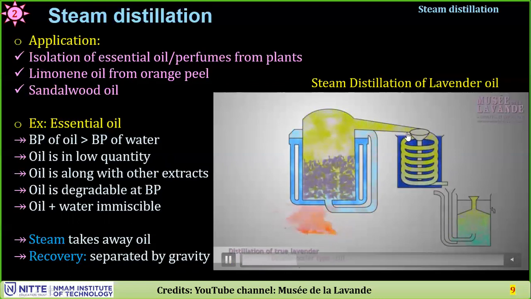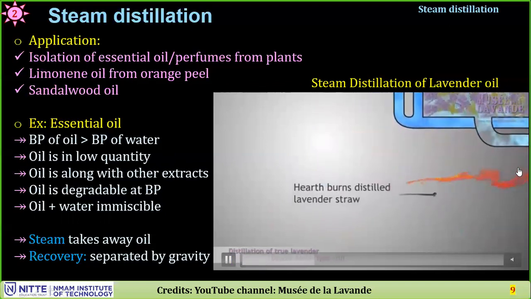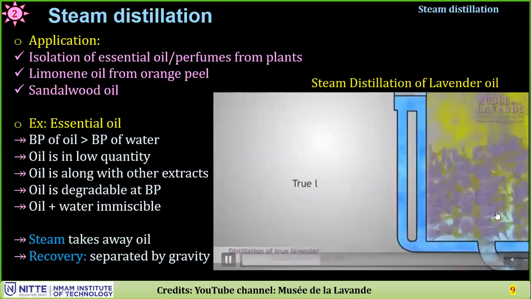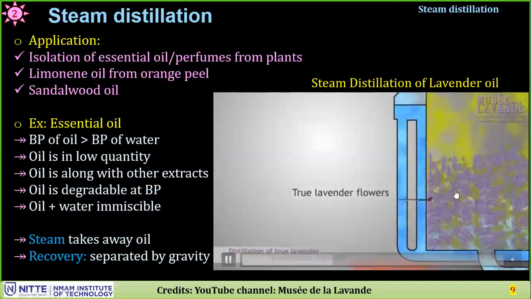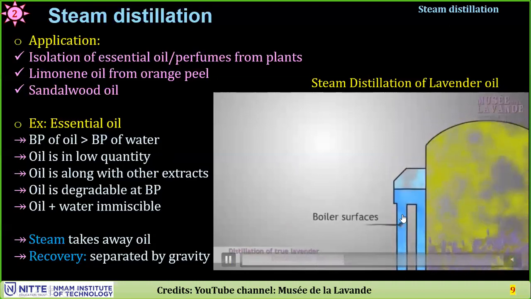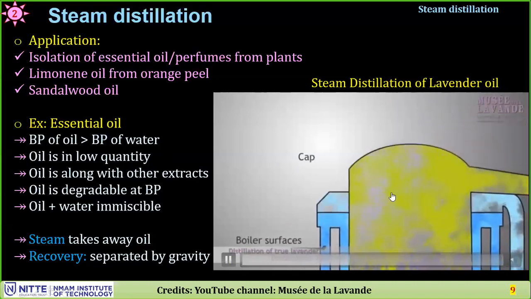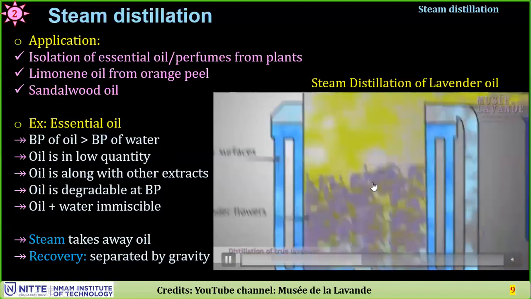Along with that, it goes through the condenser part here, and it is collected in the receiver flask. Now the steam is produced here. This is the lavender flower, which has got lavender oil. This is the boiler surface, and this is the place where it is going to generate the vapor.